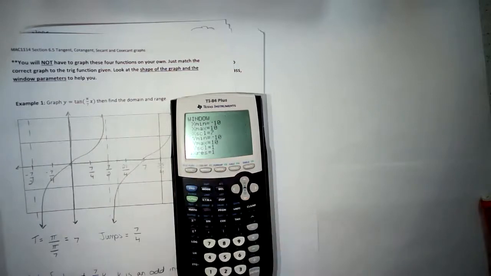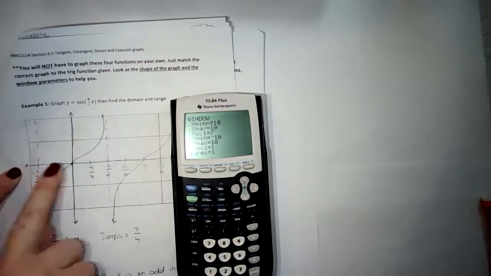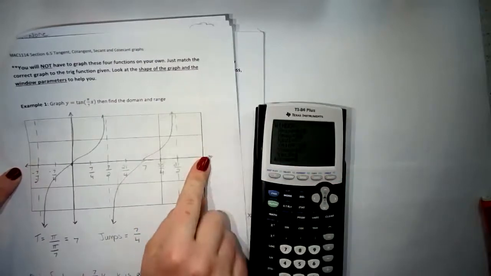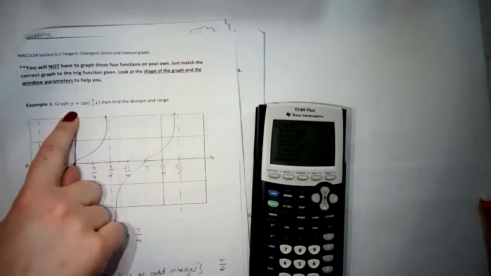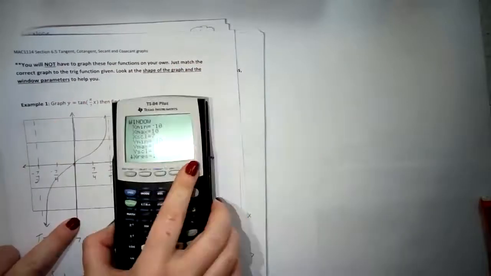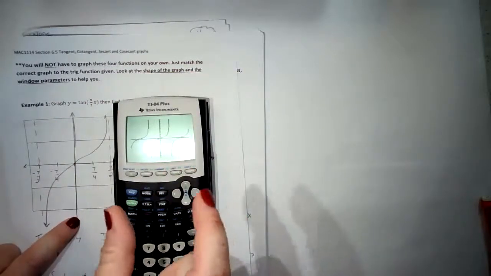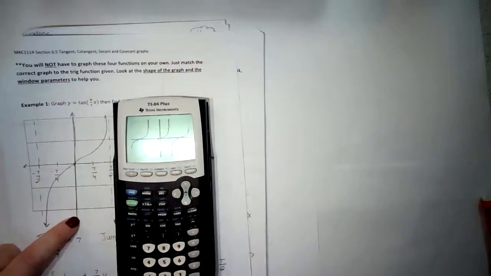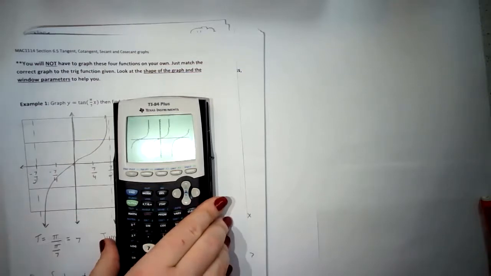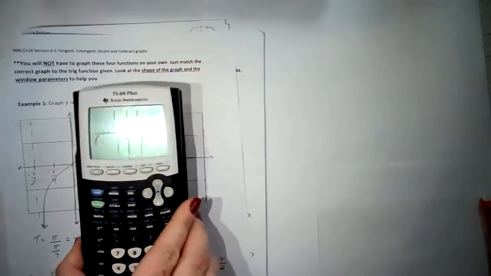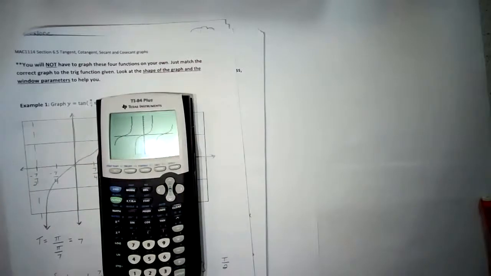Then you go to window and you put X min, X max, Y min, Y max, whatever my window is, and then you hit graph and you just match what's on your screen to A, B, C, or D. That's perfectly fine with me, because most people don't graph trig by hand. It's one of those things you really need to know how to do, so I taught it to you. But does anyone do that? No. So we're going to look at also how to do it in here, but MyMathLab makes it easy, your calculator's easy, and we'll review all that Wednesday.